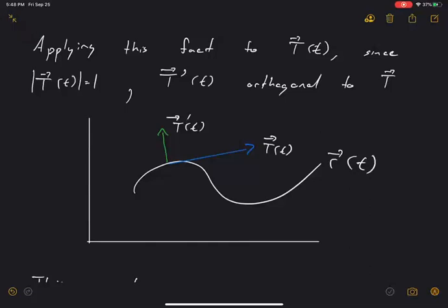I can find the unit tangent vector everywhere along this curve, right? And I get this capital T of t, that's my unit tangent vector. I can take its derivative, and its derivative should be at 90 degrees to the tangent vector, okay?